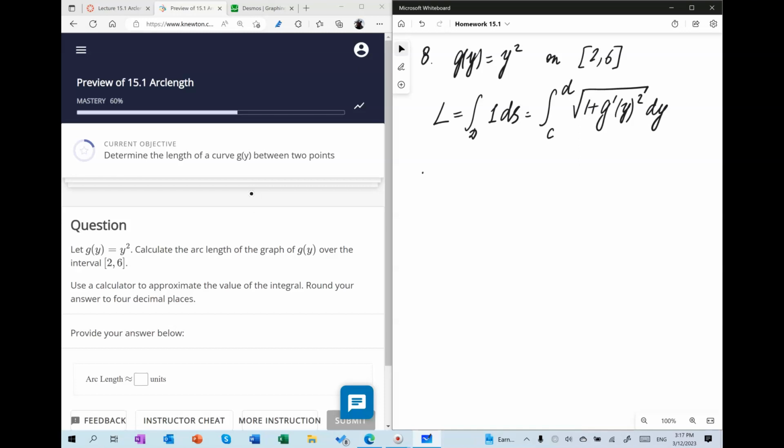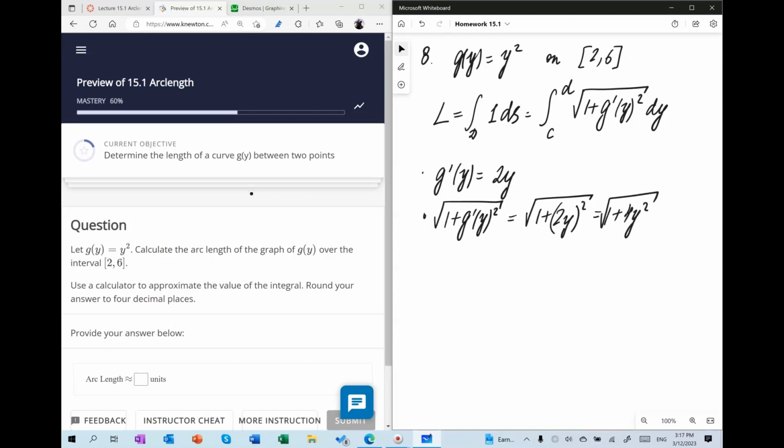And we're going to set it up in 3 steps. First, we're going to find the derivative. Then we're going to find the integrand. And we're going to set up the integral from 2 to 6 of 1 plus 4y squared dy.